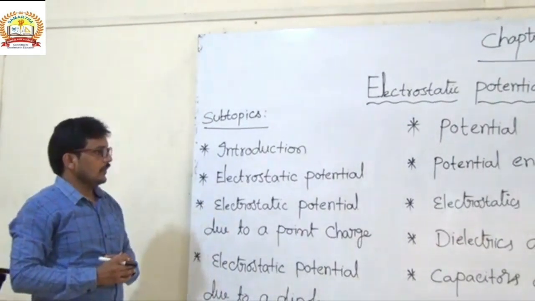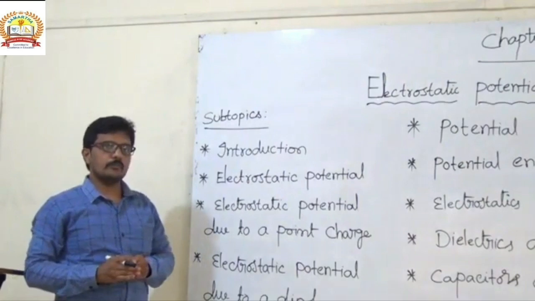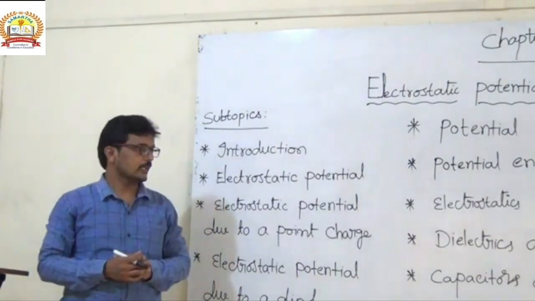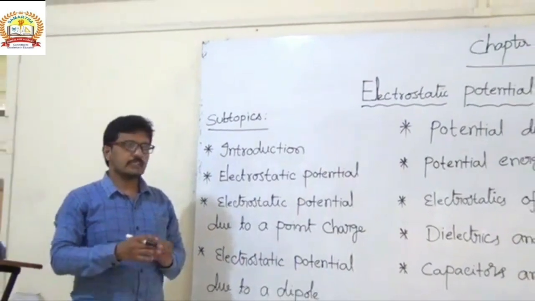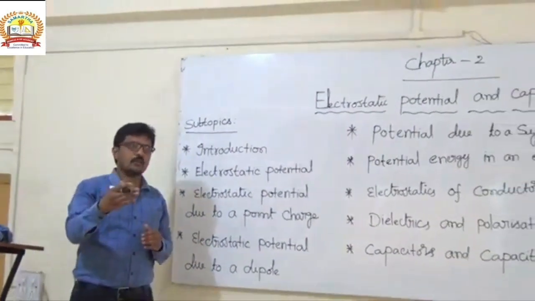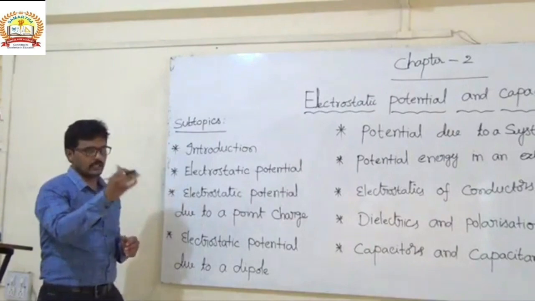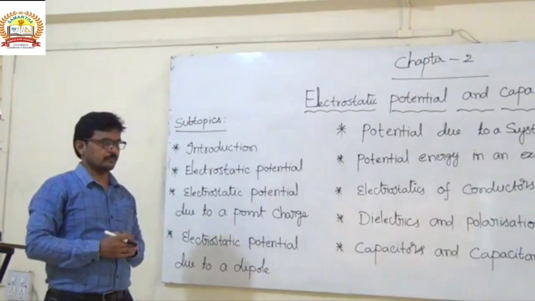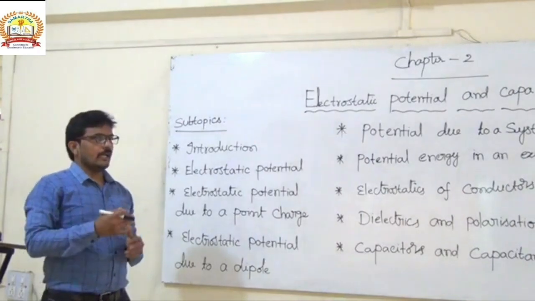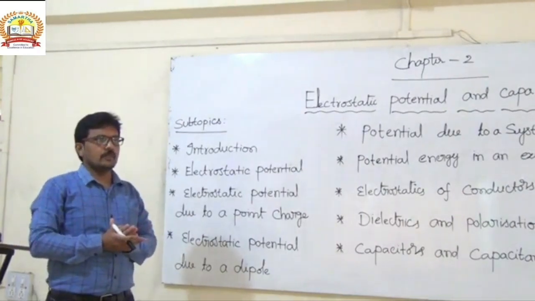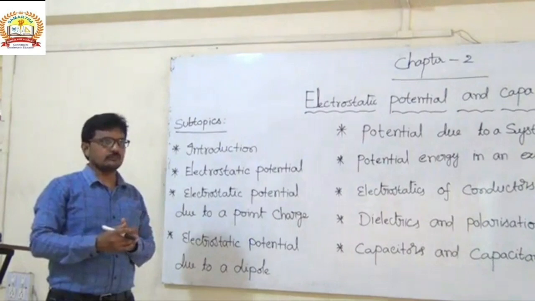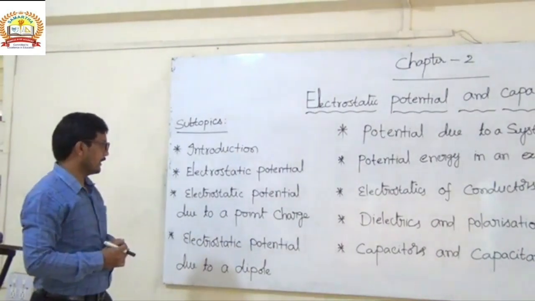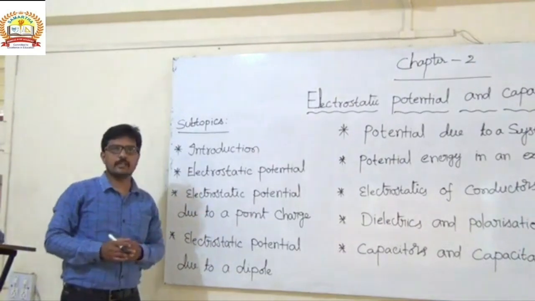So we can define potential energy difference also, that is the work required to bring the charge from one point to another point against the electric field. And here the conservative force does not depend on the path, it depends only on the initial and final points.